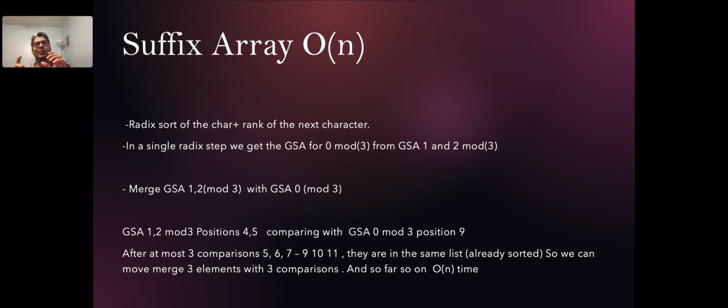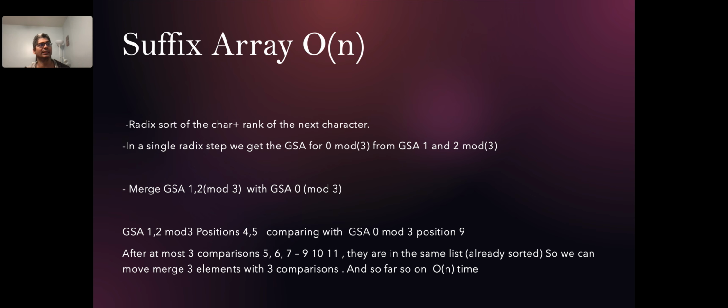So I already have the GSA for the 1 and 2 mod 3 suffix positions, and in linear time with this radix sort step, I get the GSA for 0 mod 3.